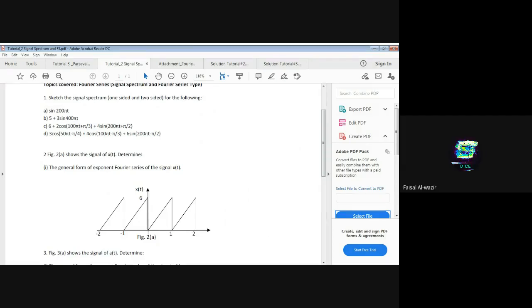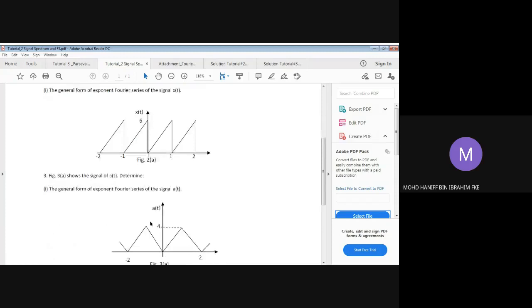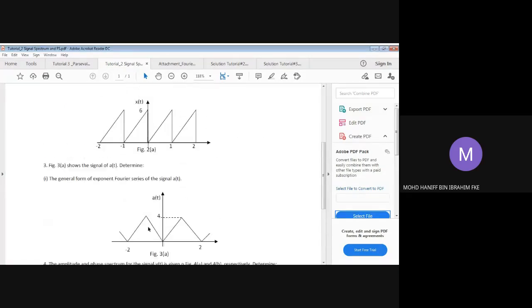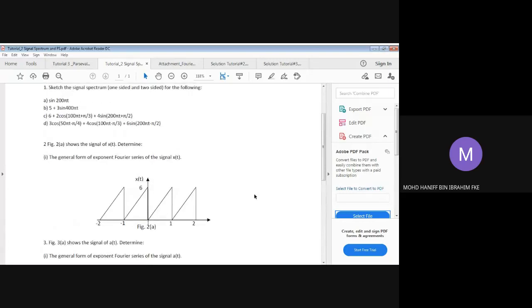Yes, question 4. Let me see. Can we do it step by step then? I think I need to have feedback from the students on question 1 first. Is there any query on question 1?